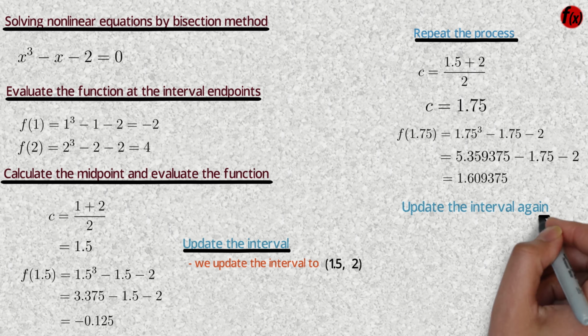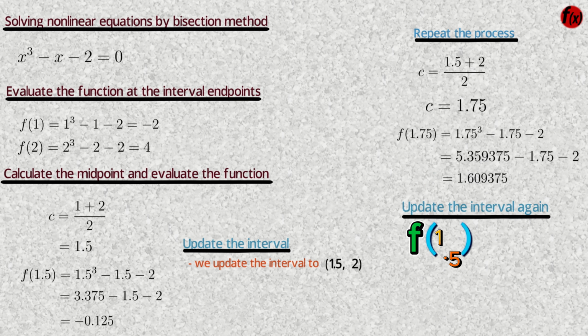Update the interval again. Since f(1.5) is less than 0 and f(1.75) is greater than 0, we update the interval to 1.5 and 1.75.